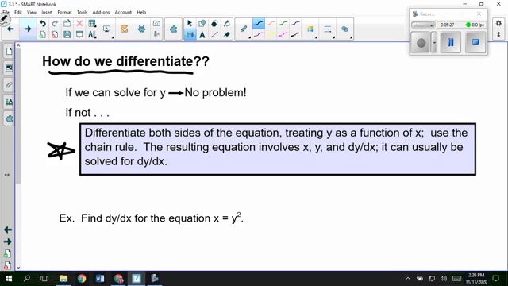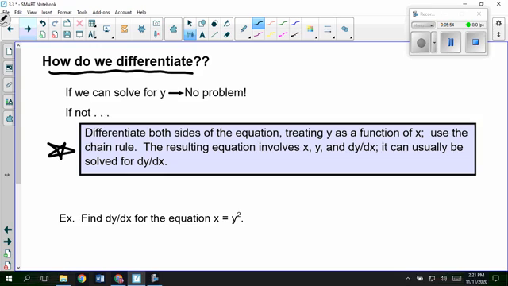It's kind of awkward, so I want you guys to wait a little bit, until we go through a couple of examples, before you really grasp what's going on here. But here's what we're going to do. We're going to differentiate, aka take the derivative of both sides of the equation separately. We're going to treat y as a function of x, and x's are going to be our variables.